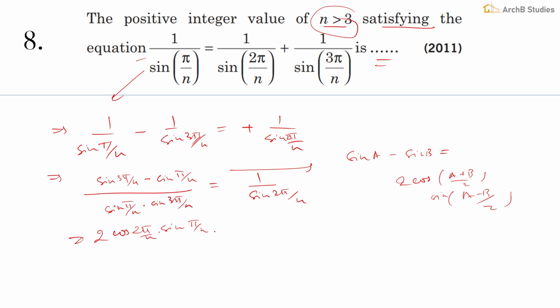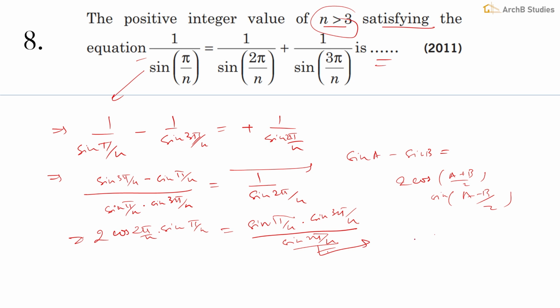This will be equal to sine pi by n into sine 3 pi by n divided by sine 2 pi by n.